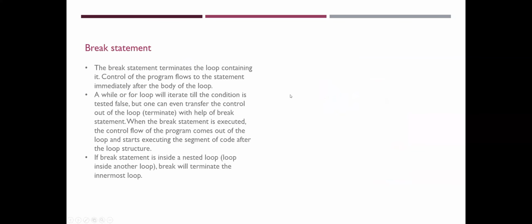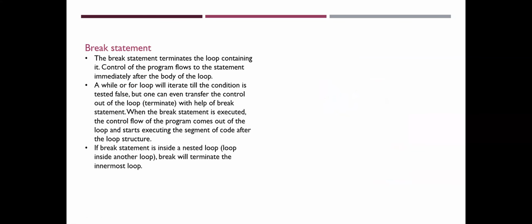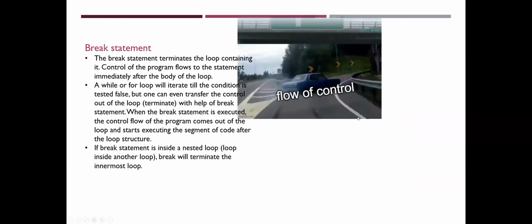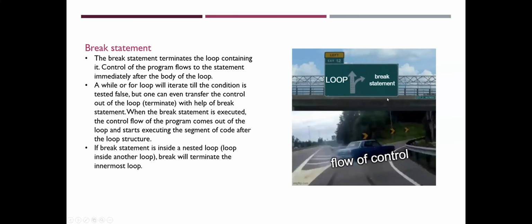Break statement. The break statement terminates the loop containing it. If a condition is given and we give a statement of code and then a break, after that break statement the loop will be terminated and get out of the code. You can see here in this meme, we have the loop as a straight arrow.